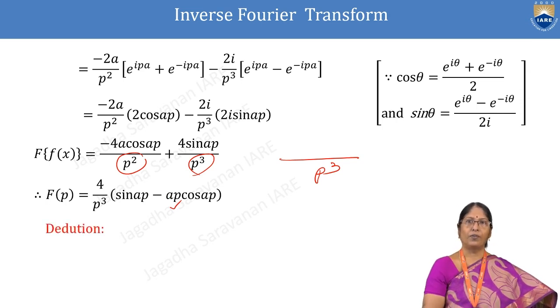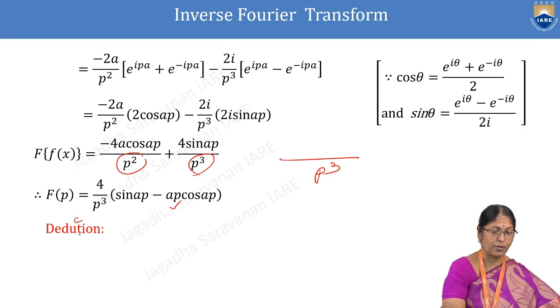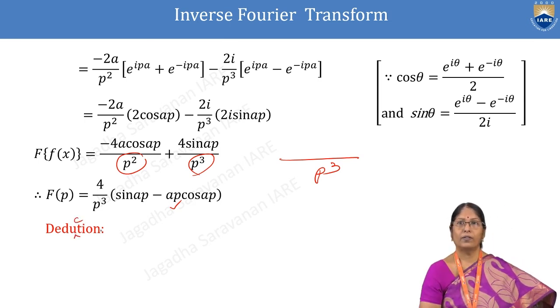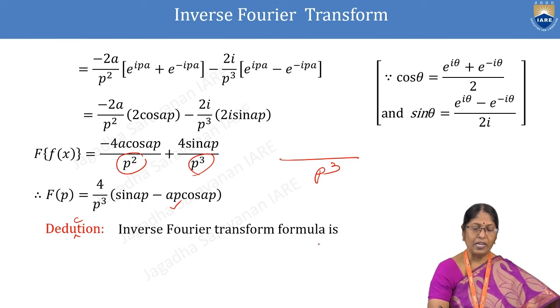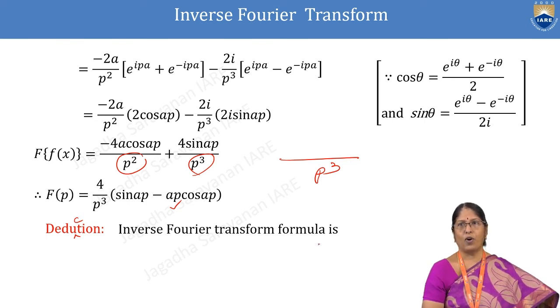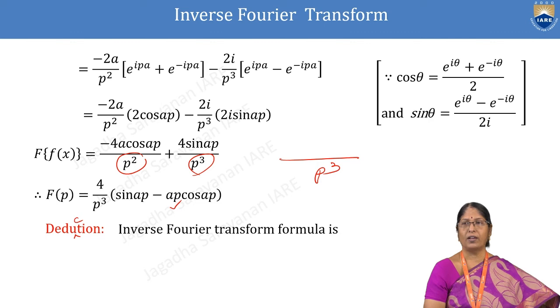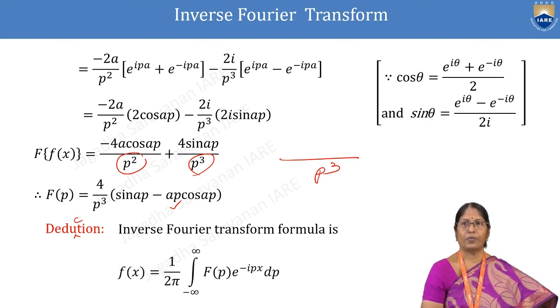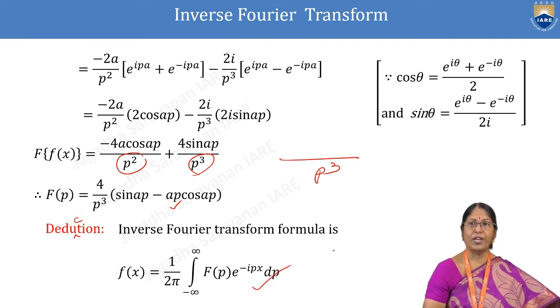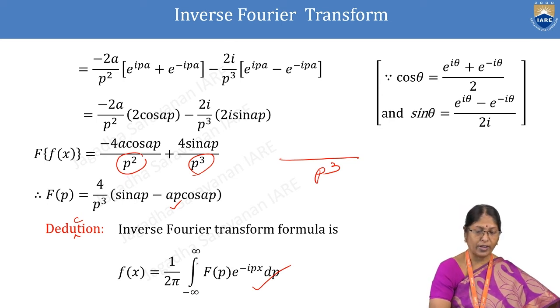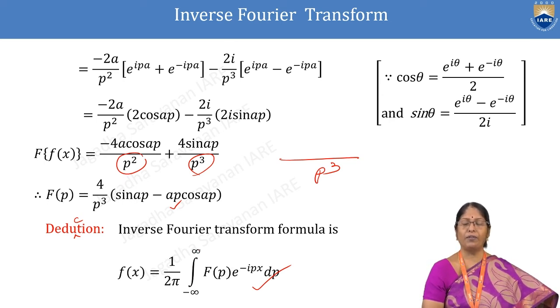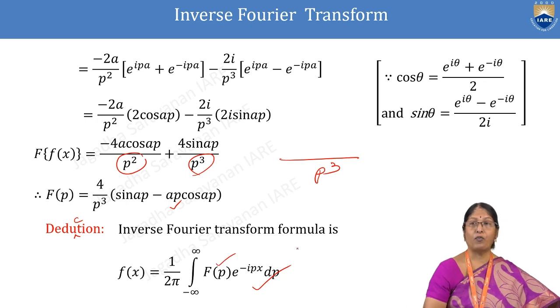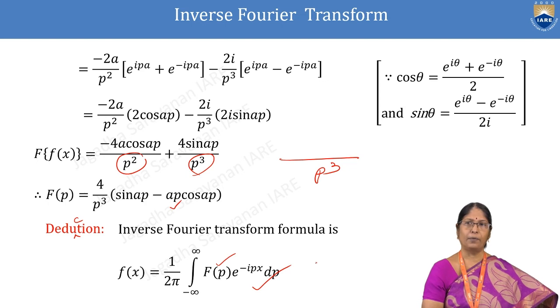Now we will find the deduction. The question asked us to deduce and bring the result pi by 4. So the inverse Fourier transform formula is 1 by 2 pi integral from minus infinity to infinity of capital F of p into e power minus ipx dp.